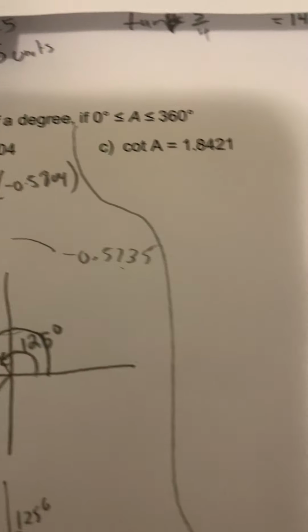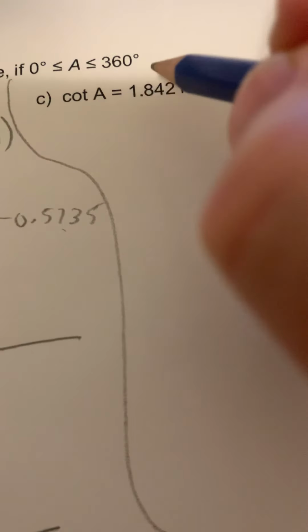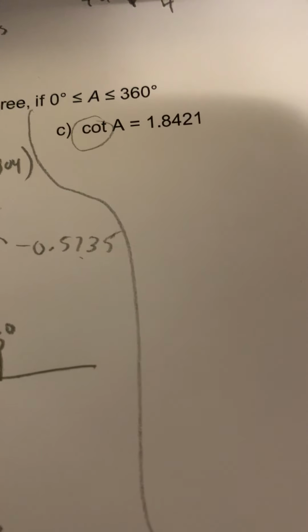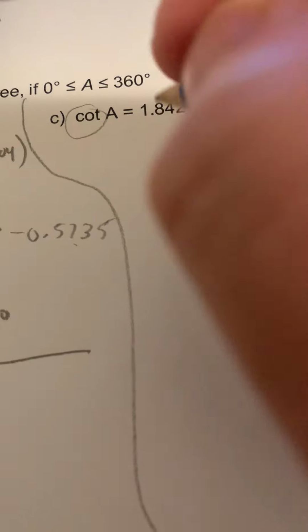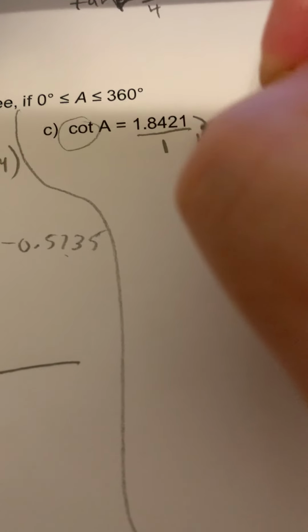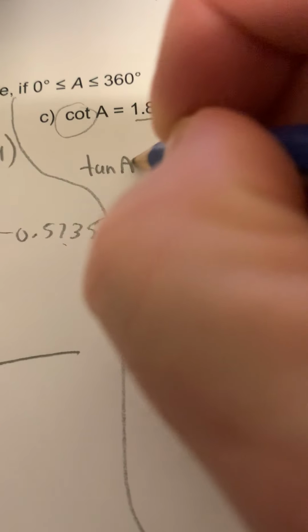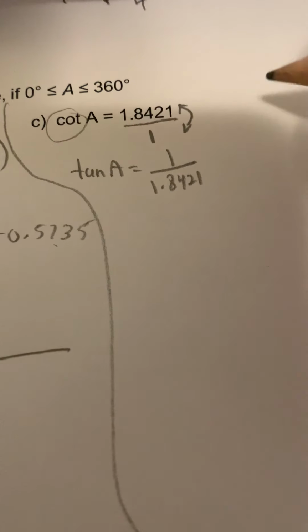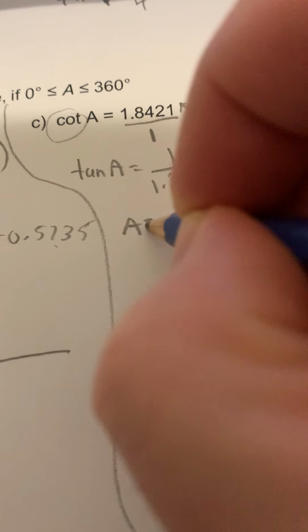Okay, last one here. Cotangent A is 1.8421. So we have a reciprocal function, so we have to switch this to a tan. We put this over 1 and flip it, so that now it becomes tan A equals 1 over 1.8421. Do the inverse.